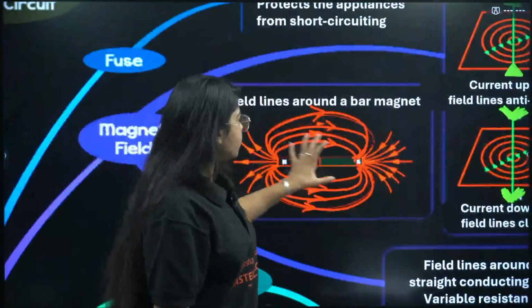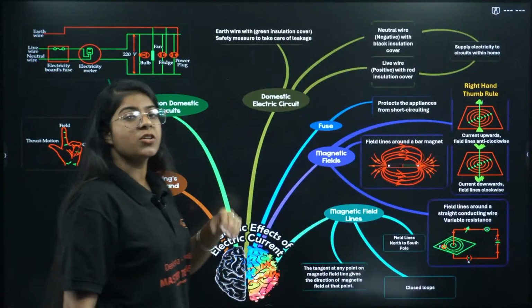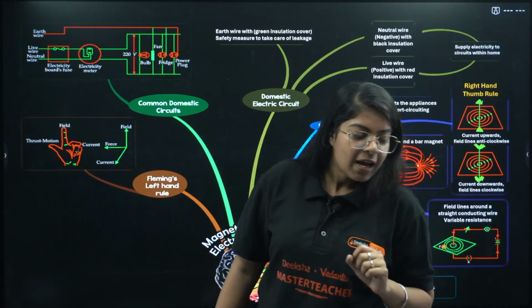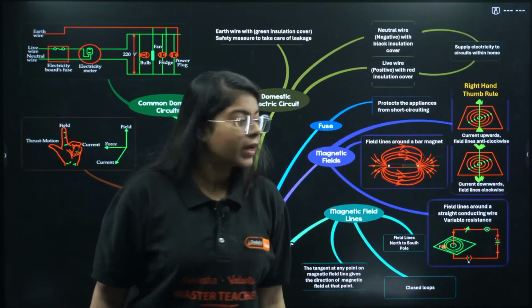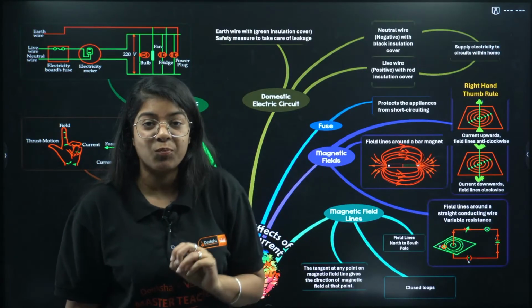Now we will study other conductors as well, which are a straight wire and a solenoid or a circular loop, correct? In a moment, in the actual questions, okay? So before that, we have two very important rules.